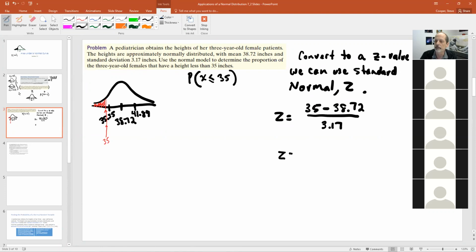Okay, so maybe one of you can get ahead of me here and let me know what z-value we're interested in. We know it should be a negative number because if this is going to be a 0 in standard normal, then something to the left of it is going to be negative.